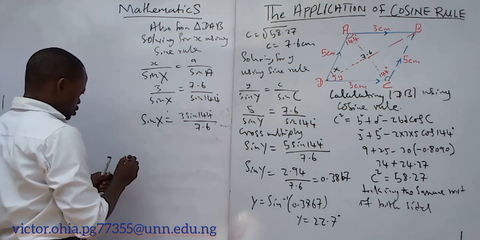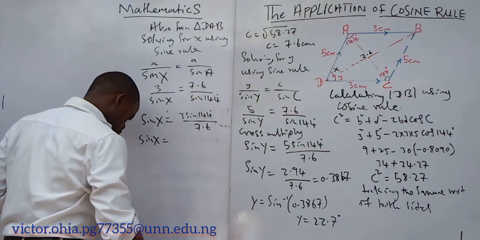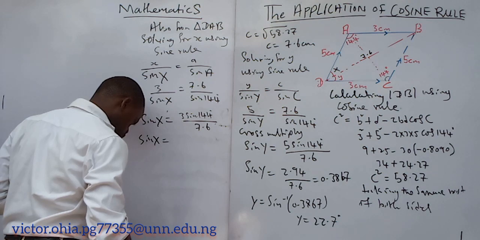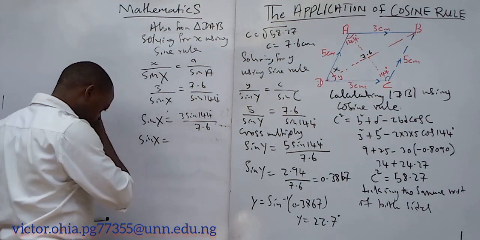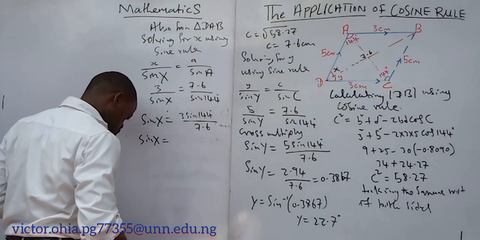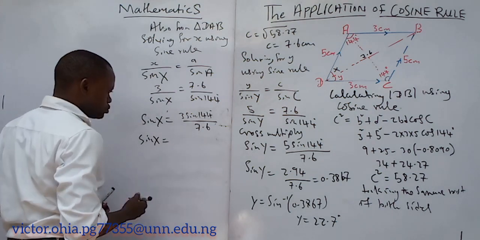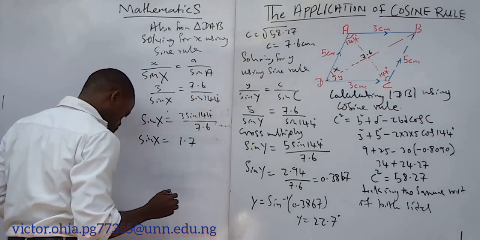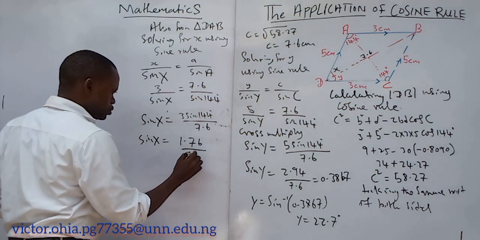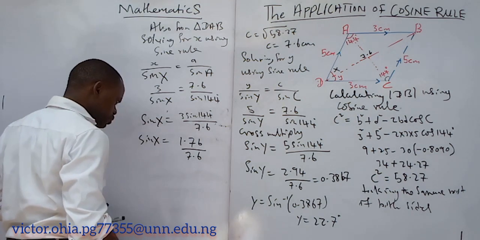So quickly, sine x equals, sine 144 is 0.5877 we got before, times 3, to give us 1.76 over 7.6, divided by 7.6.